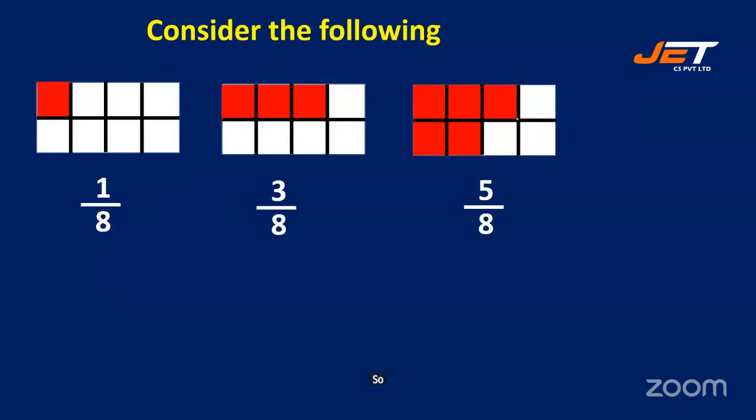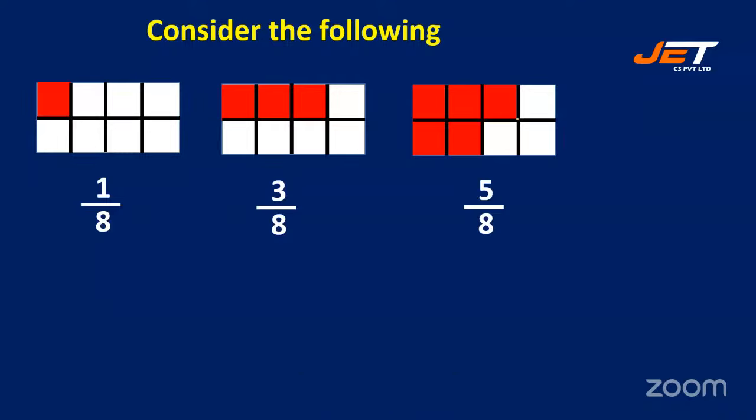Here we have 1 by 4, 1 by 6, 1 by 8. So when the numerator is the same, the greater the denominator, the smaller is the value of the fraction. Let's see here we have 1 by 6, 2 by 6, 5 by 6. Next, 1 by 4, 1 by 6, 1 by 8.